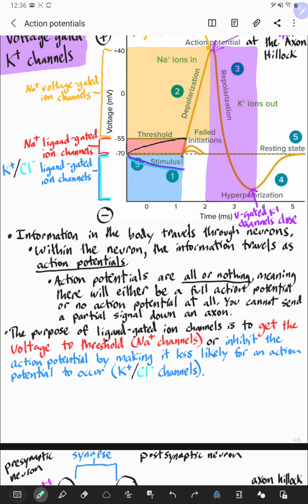If they happen at the same time, then there's definitely a huge interaction. But if there's enough time between, then maybe some of the chlorine that entered gets pumped out, or some of the potassium that left gets pumped back in, and it's back to baseline.